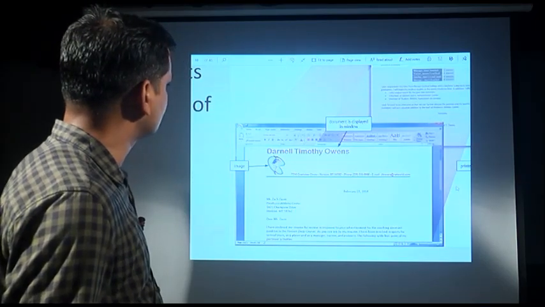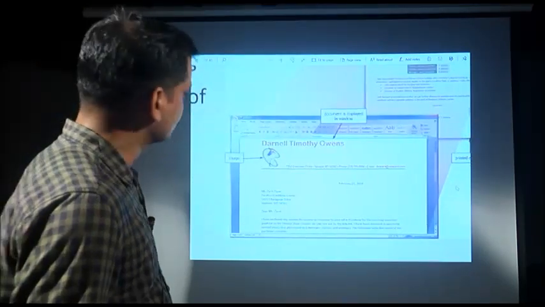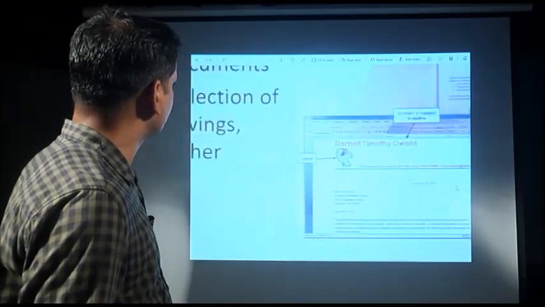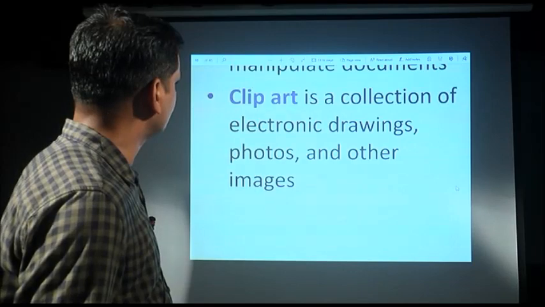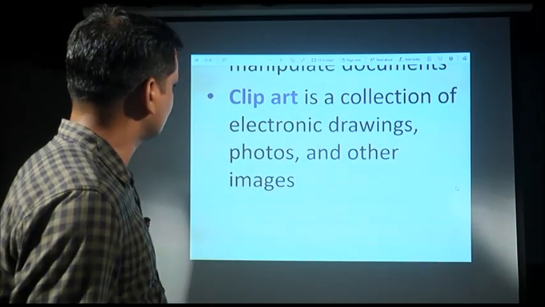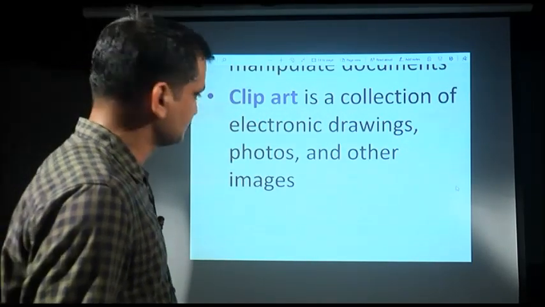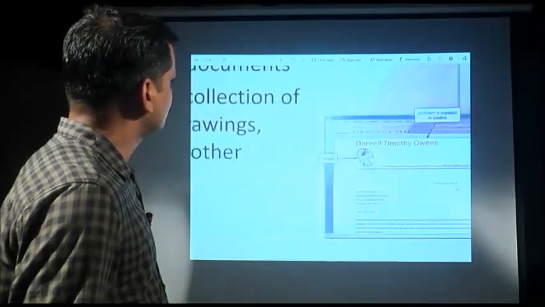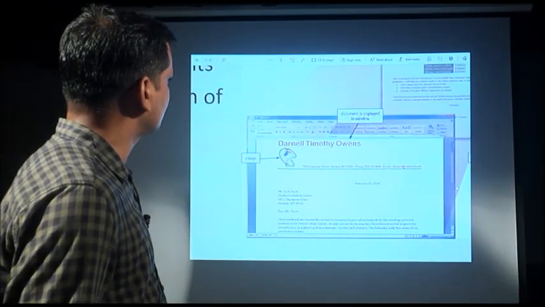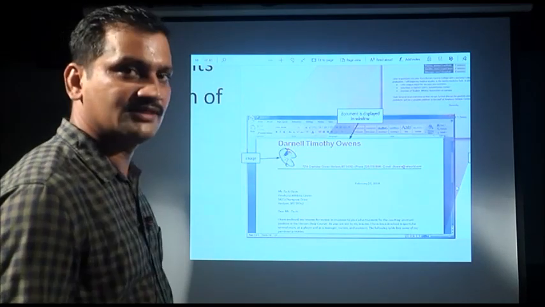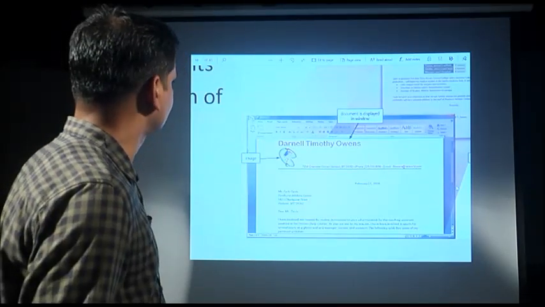These are clip art images, present in the clip art gallery. Clip art is a collection of electronic drawings, photos and other images. If you have any stored image in your system, you can use it here, or you may insert an image externally from any other device.